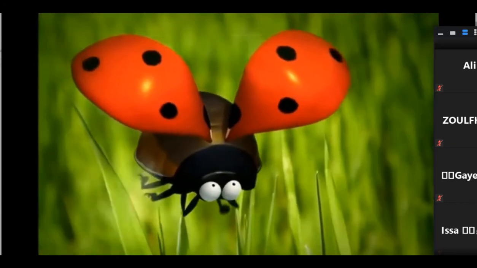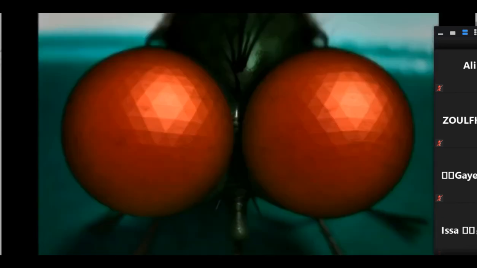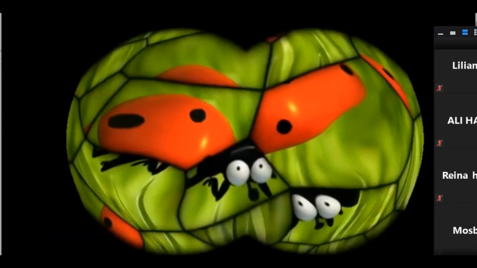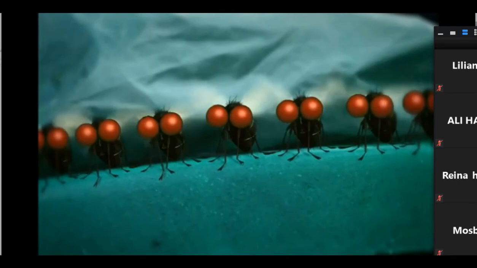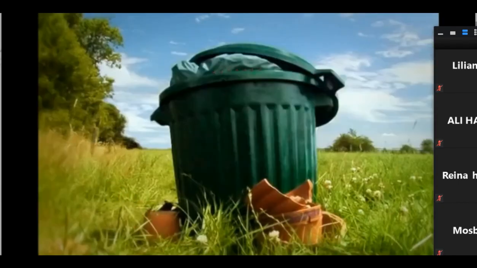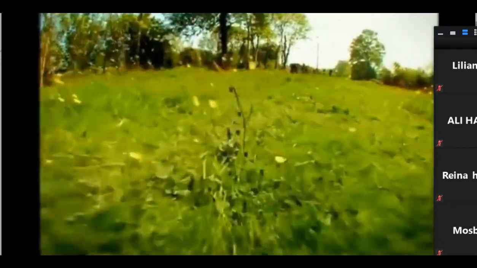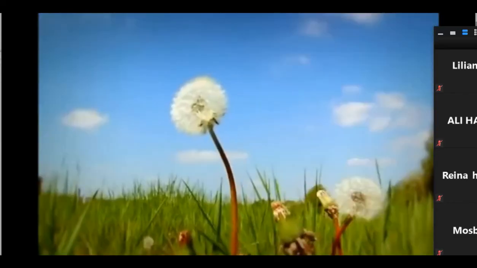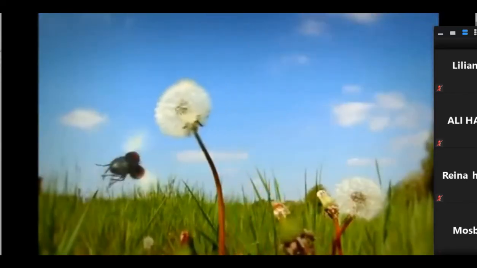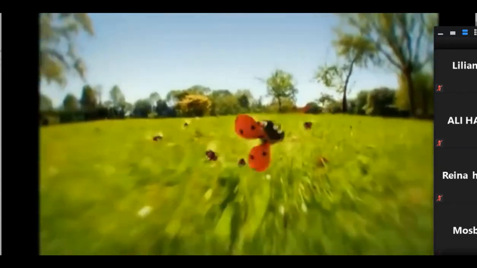The ladybug or ladybird feeds on aphids. Aphids are very small insects also, invertebrates. They have no bones. Look how they follow it. Look at this attack. It can fly very fast.